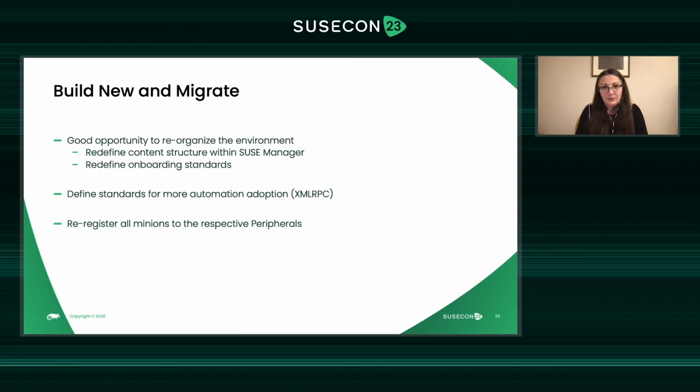So the opportunity to build a new architecture, migrate to it, and redefine your content structure might better align to how we are going to use the XML RPC API to patch our systems in the future. And we will have to re-register all our minions to their respective peripherals either way, right?